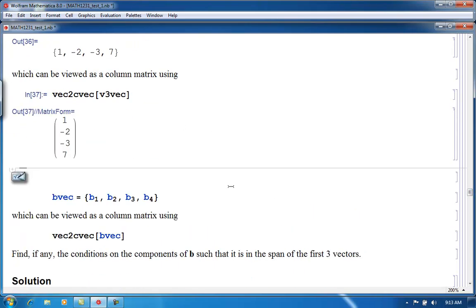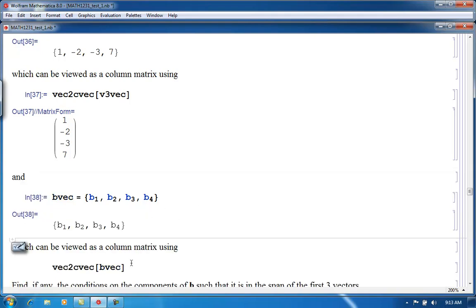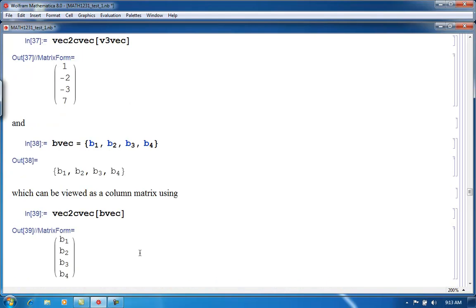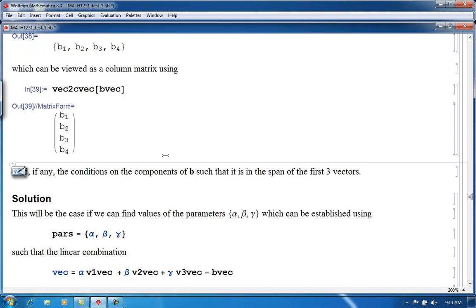And the vector b is established using that, and we can see that it's the right kind of shape. Well, the question is, find, if any, the conditions on the components of b such that it is in the span of the first 3 vectors.